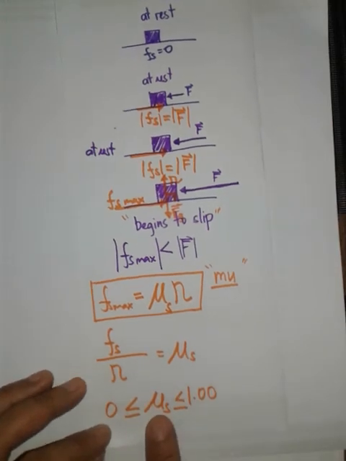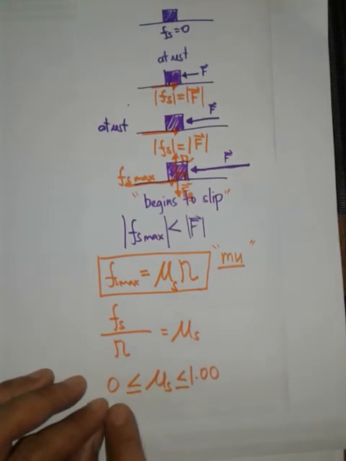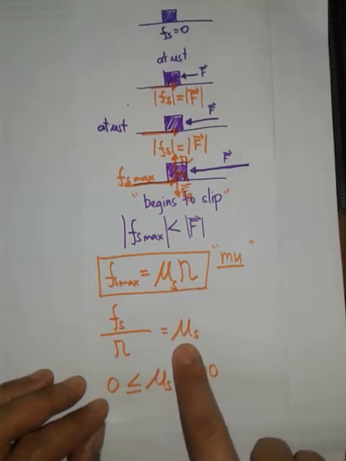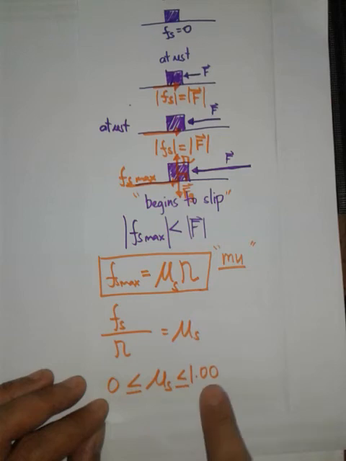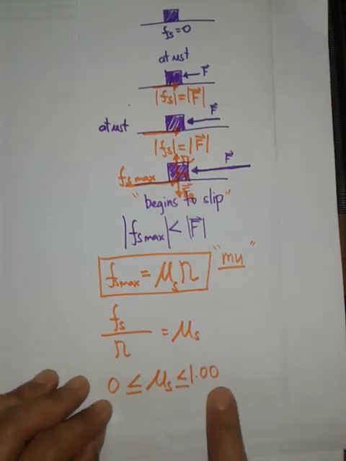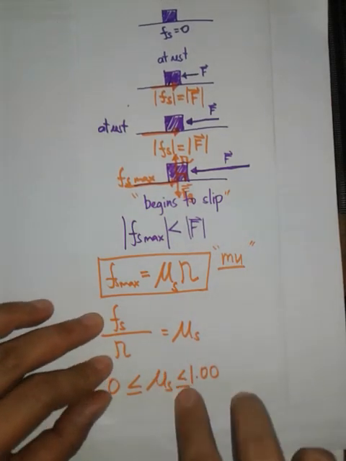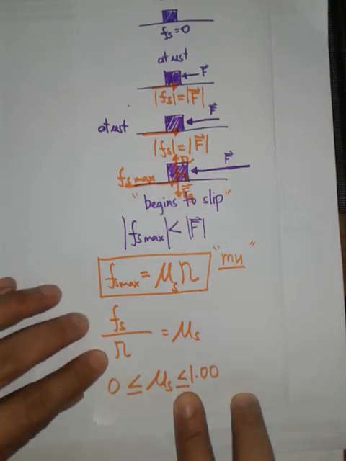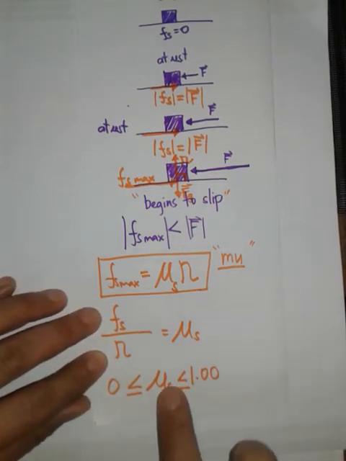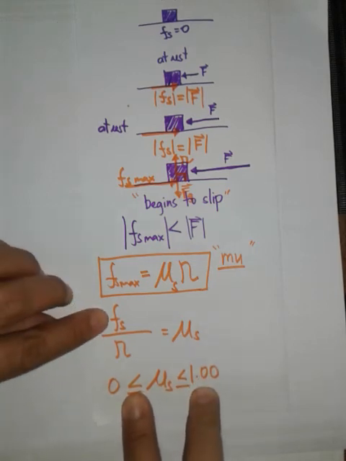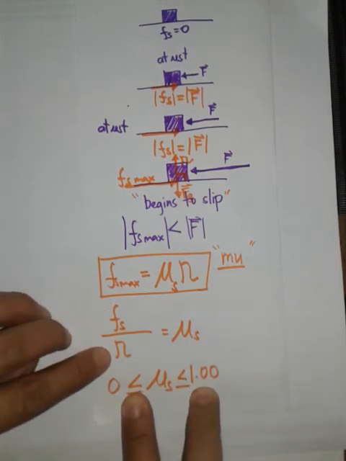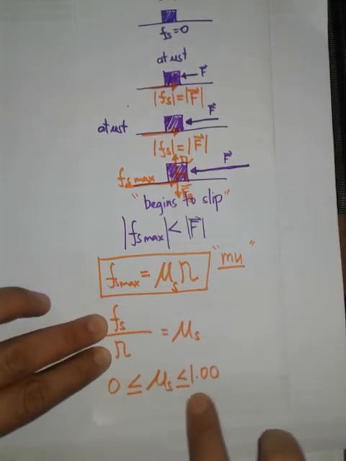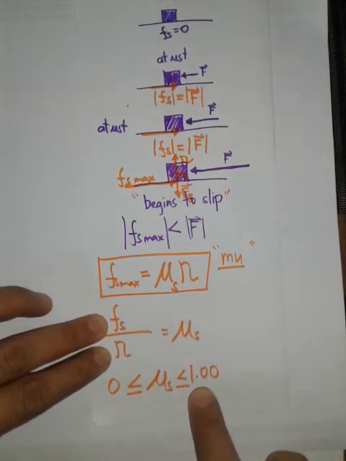So, si mu s is a positive number between 0 and positive 1. So, walang negative na mu s. At saka wala ding mu na lalampas sa 1. Kasi, physically, it's not possible for static friction to be greater than the normal force. It's physically impossible. Kaya never mangyayari na mas malaki ang denominator kaysa numerator dito. Because physically, ang maximum lang na kaya ni mu is 1.